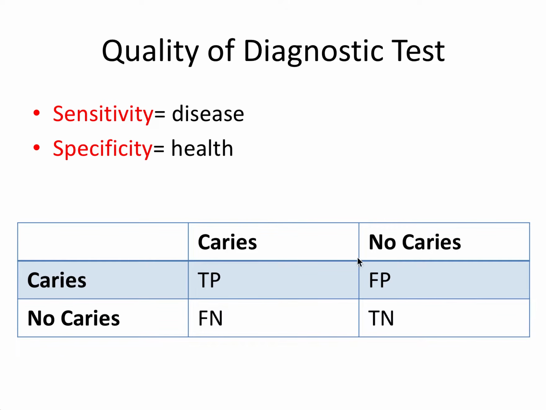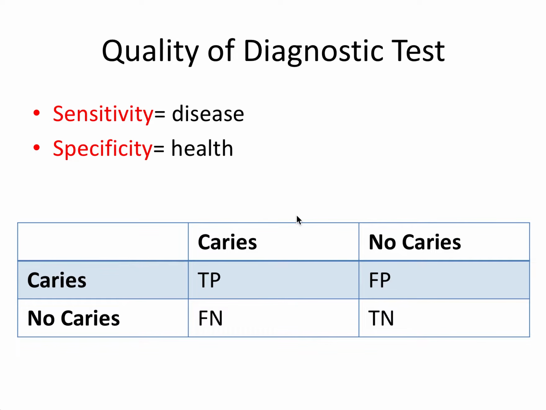So this table down here is incredibly important to understand. Let's take a moment to go through what all these acronyms mean. The top row is what they actually have as determined by some gold standard measurement.